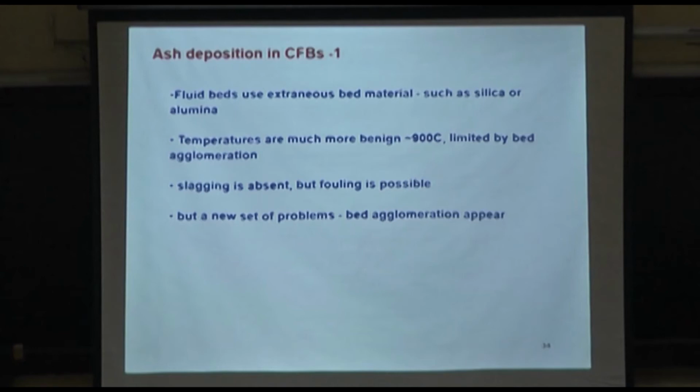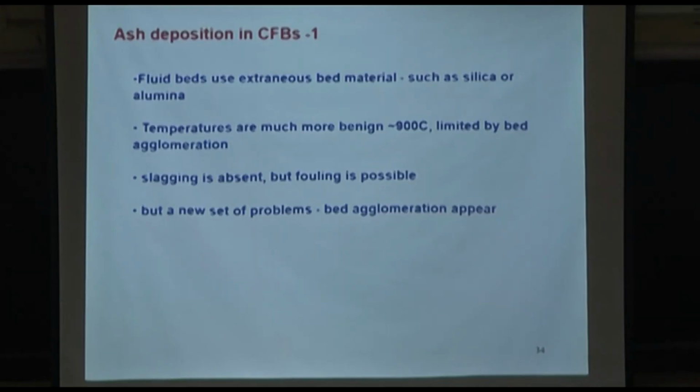In pulverized coal-fired furnaces, the particle size is very fine, 10 to 100 micron typically, but that comes at a cost, because you have to grind it to that size, and there is a milling cost depending on the type of the coal. So from that point of view alone, fluidized beds can be attractive.